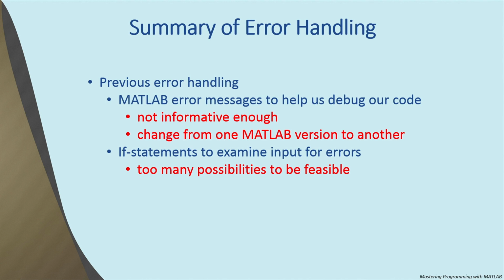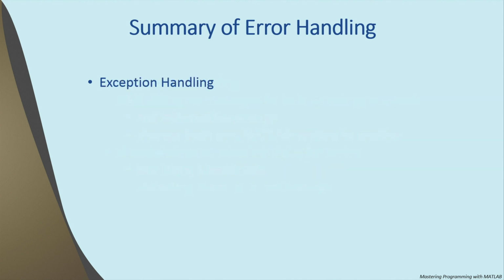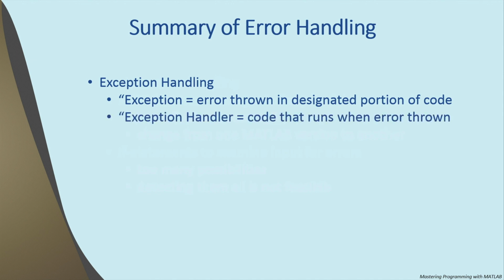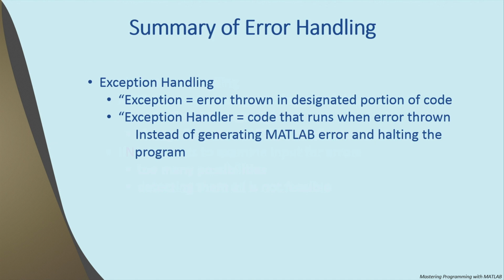To provide an improved method for dealing with errors, we introduced exception handling, in which errors in one portion of the code, which are called exceptions, cause another portion of code, which is called an exception handler, to run instead of generating MATLAB errors and halting the program. We showed how to implement exception handling with the try-catch block, which is delimited with two new keywords, try and catch.